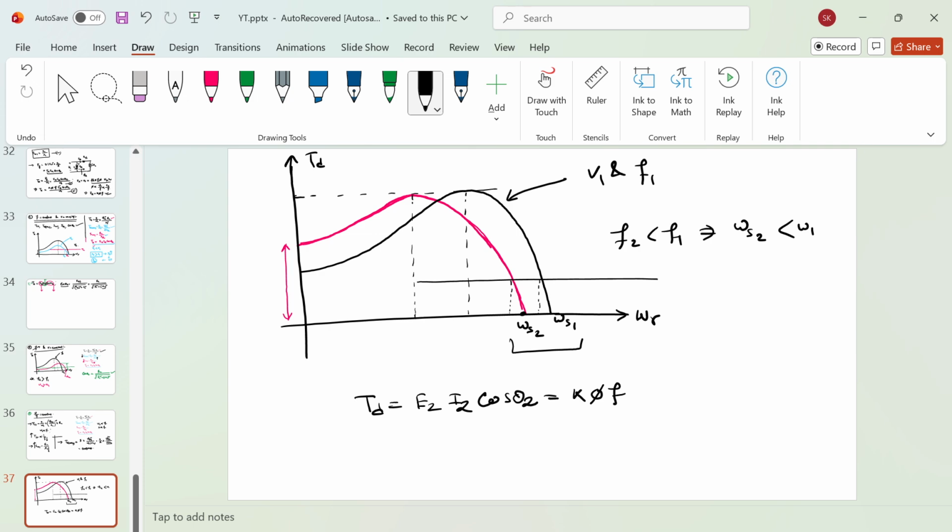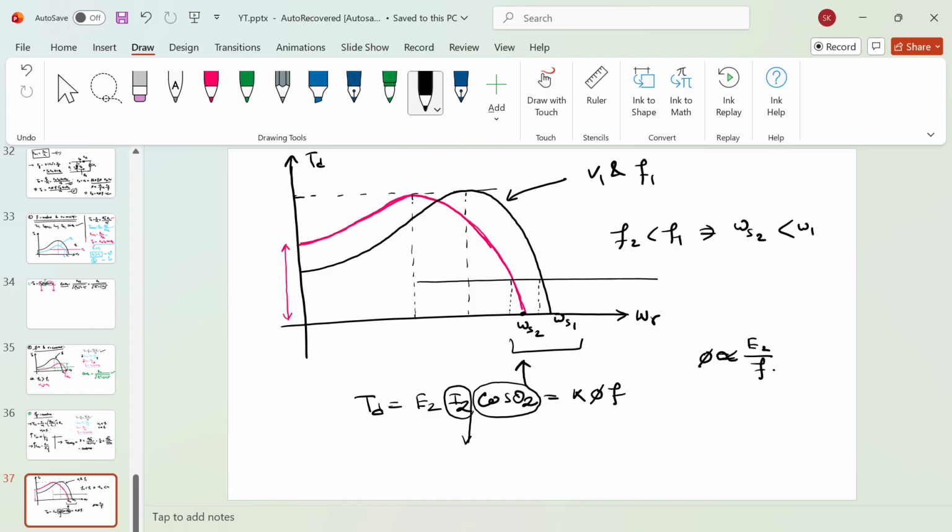So E2 is equal to K times phi into f. This rotor power factor will increase, and this time the rotor current will also decrease.